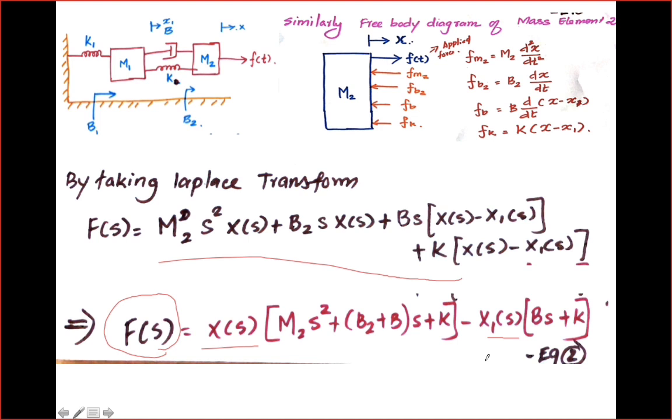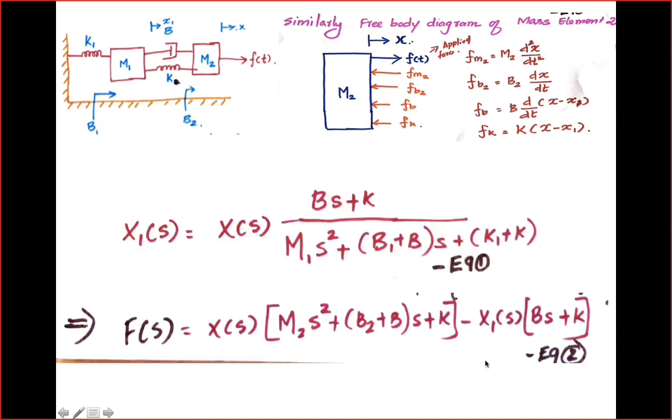We have obtained two equations which correspond to mass element 1 and mass element 2. These are the two equations. The first one is equation 1 and the second one is equation 2. This we have obtained by considering mass element 1, and this equation we have obtained by considering mass element m2.